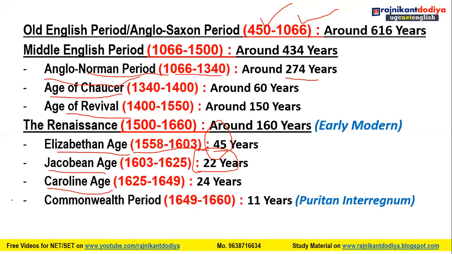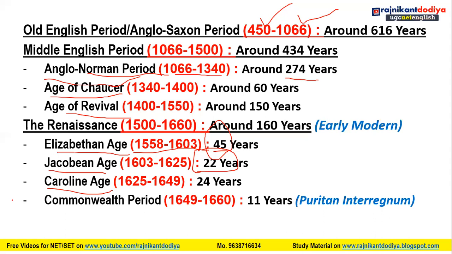Then the Commonwealth period from 1649 to 1660, and it covers the period of 11 years. And this Commonwealth period is also known as the Puritan interregnum. Puritan interregnum means in this particular period the Puritans emerged.